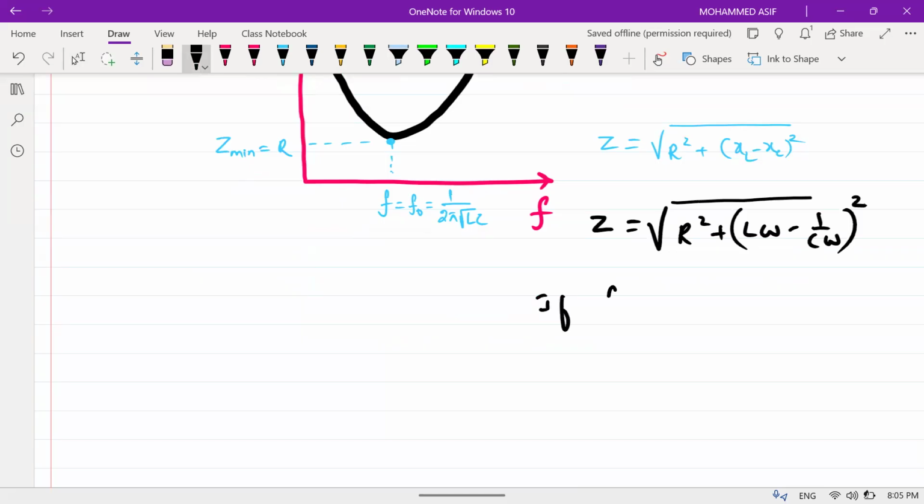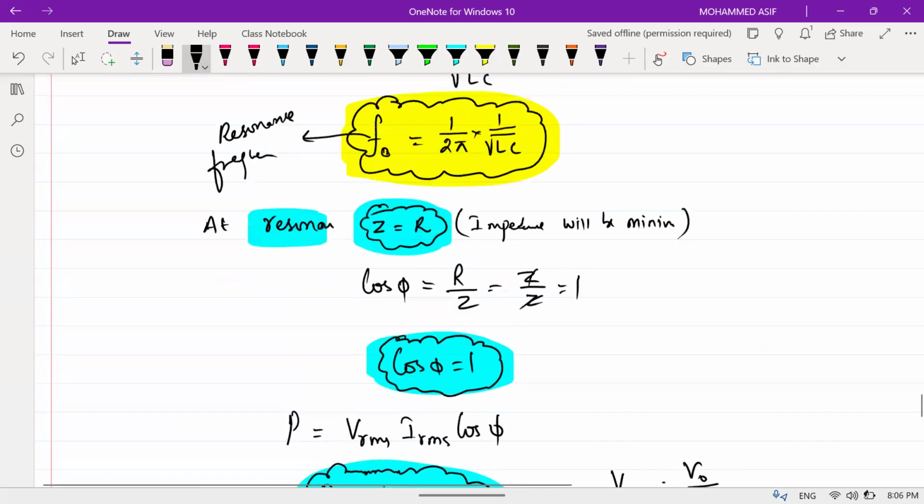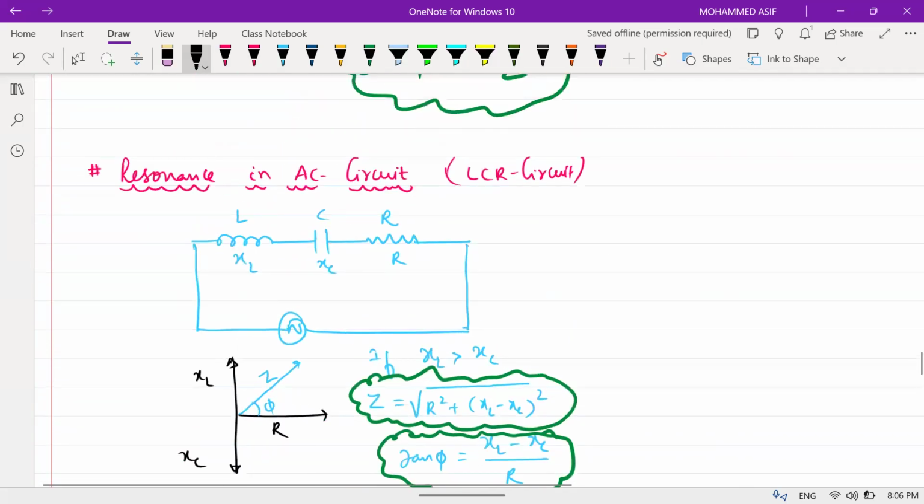If frequency is 0, then impedance will be infinity. Remember, if frequency is infinity, then impedance is also infinity. Clear? Just remember this graph, and these are the formulas which you need to remember for doing the numericals.